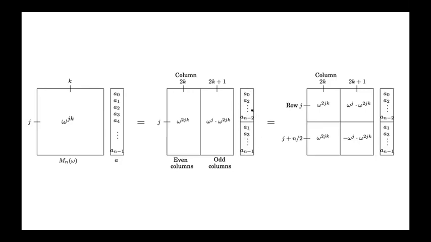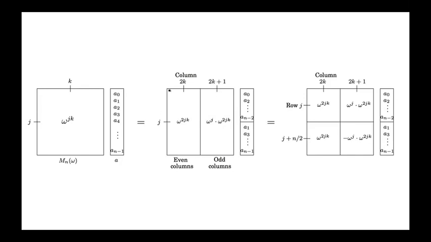So that corresponds to sorting the columns, where we put the even columns here and the odd columns there. So now this particular entry is going to be omega to the 2jk, and this entry is omega to the 2jk times omega to the j.